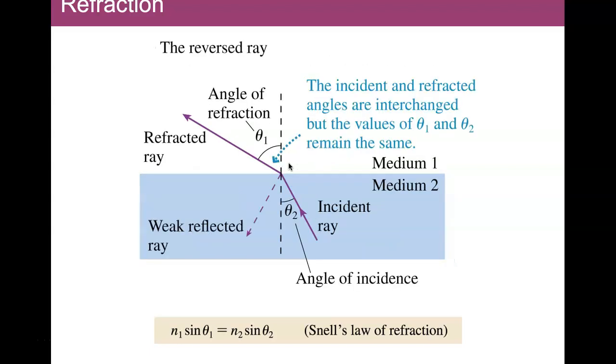So the relationship is the same. And as usual, part of the wave goes through. This ray that gets traced is the part that goes through, and there's always some amount that gets reflected from the interface.